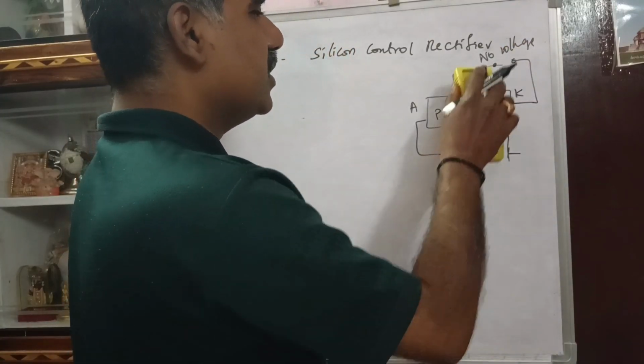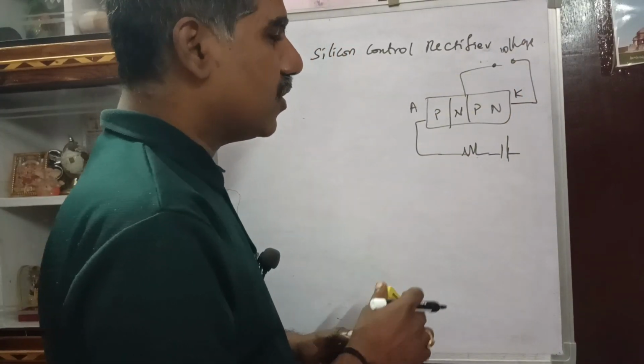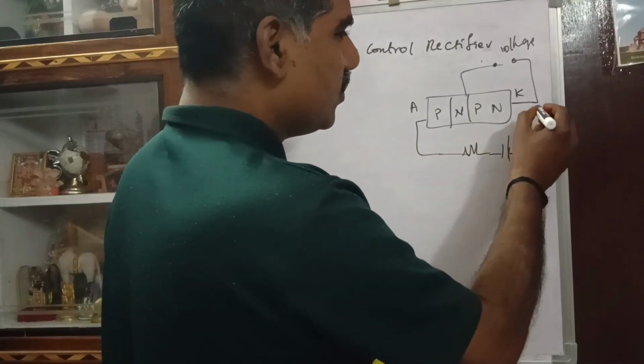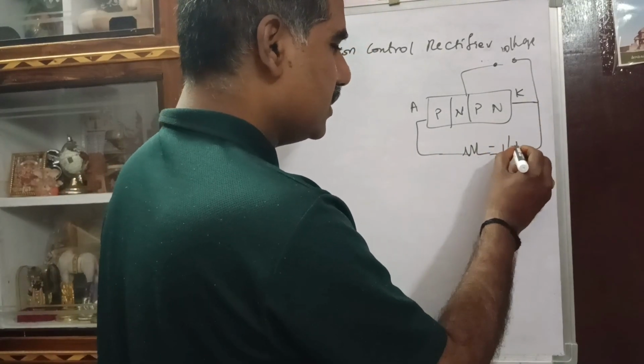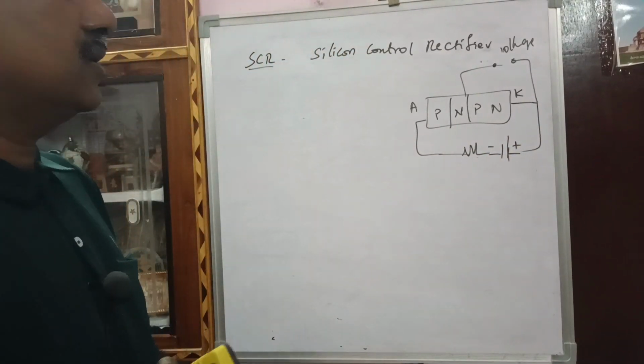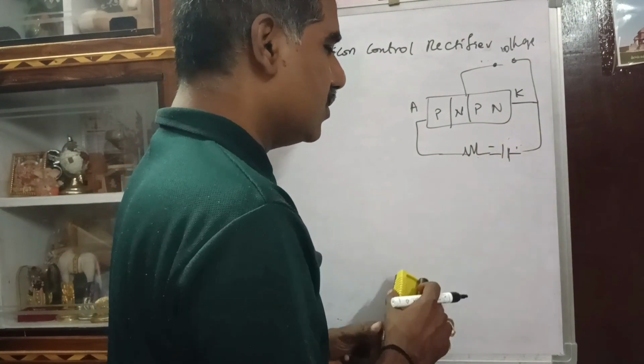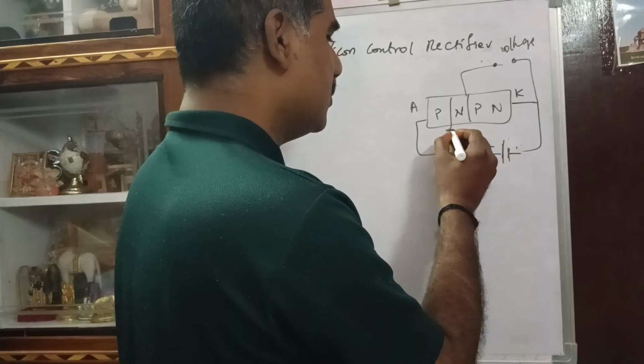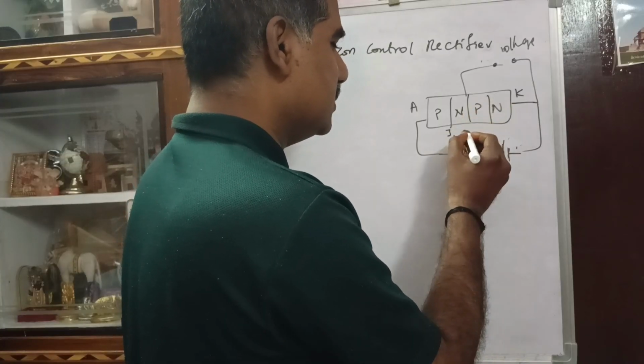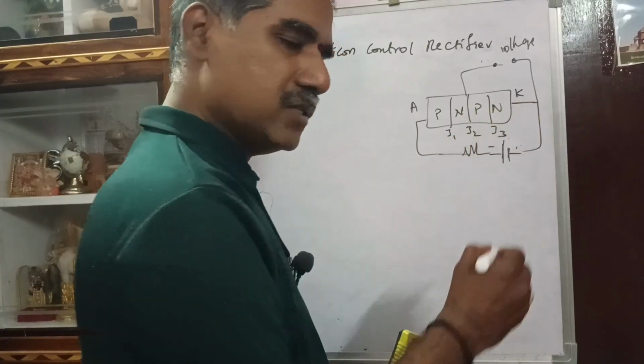When no voltage is applied, it acts as reverse conduction. Like that, we draw the four-layer circuit. The conductions you already know. You have three junctions, J1, J2, and J3.